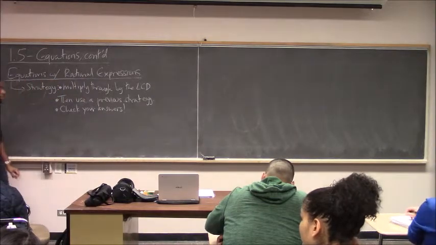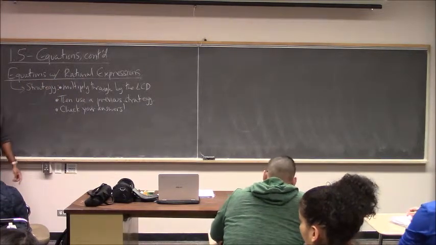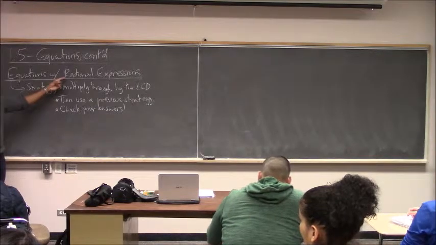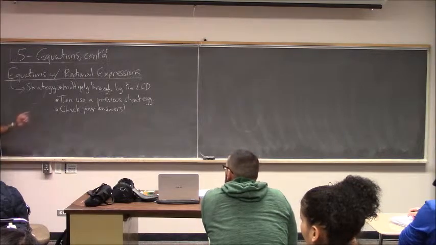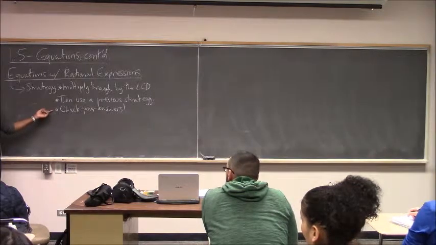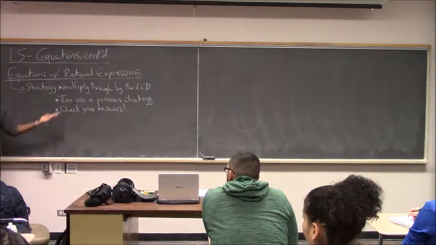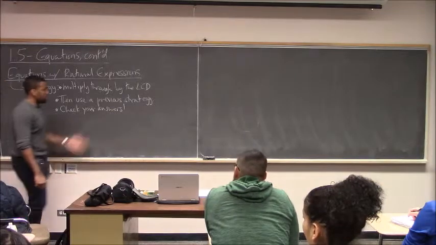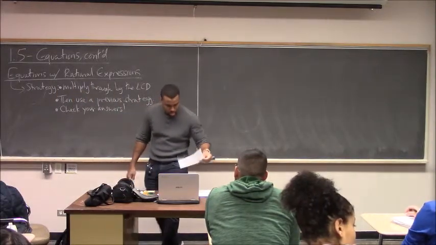Because every now and then, you'll have an answer where if you plugged it into the original, it wouldn't work. So for example, because it's rational, you can't plug in any value where the denominator is 0. But those guys might show up as answers here. And at that point, after checking it with the original, you know, oh, I can't do that. So basically 3 steps here. And we've actually been doing similar manipulations. So at this point, let's just get through some examples.